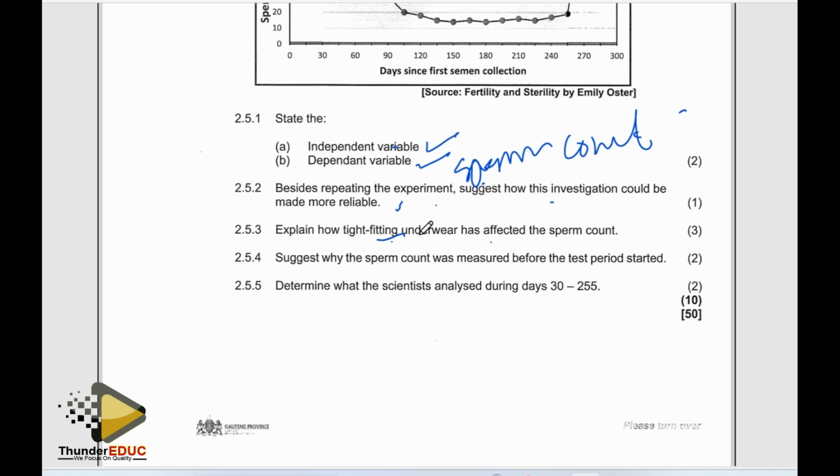And this leads to low production of sperm, or denaturation of the sperms, because high temperature denatures the sperms. Or it might be denaturation of the enzymes which are involved in the production of the sperms. So basically, high temperature lowers the sperm production. Then you're going to have a low sperm count.